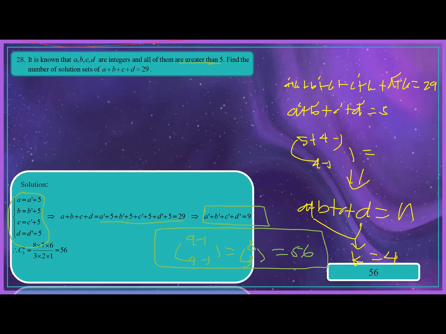Basically, you were right, but your K should be the number of labeled boxes. So basically the stars and bars count is equivalent to n plus K minus 1 taken n. This is also equivalent to n plus K minus 1 taken K minus 1.